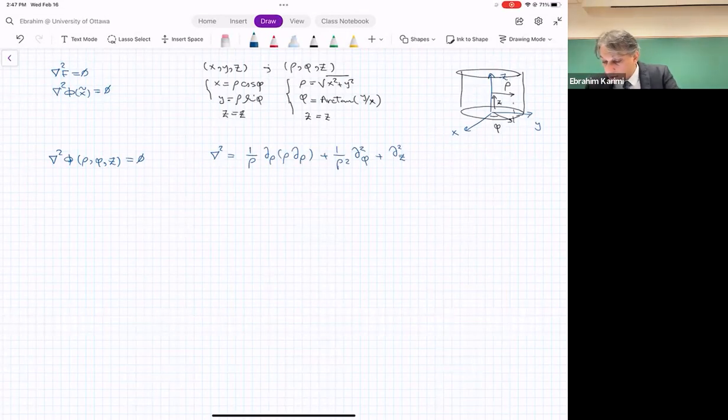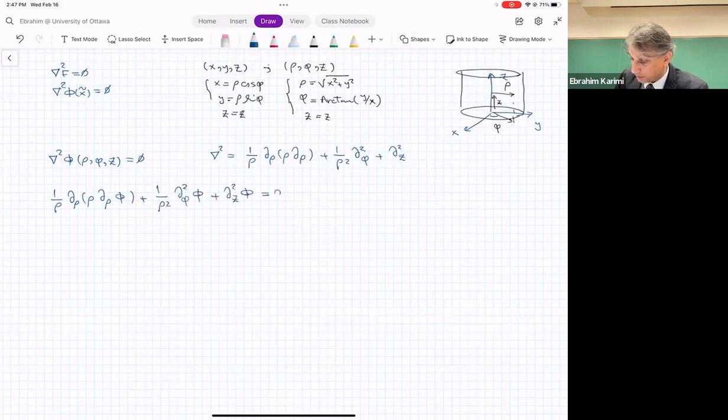All right, let's look at the mathematics. We get the Laplacian of phi: 1 divided by rho, derivative with respect to rho of rho times the derivative of phi with respect to rho, plus 1 divided by rho squared, second derivative of phi with respect to the angle, plus the second derivative of phi with respect to z, equal to 0.